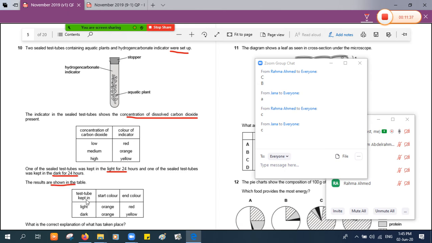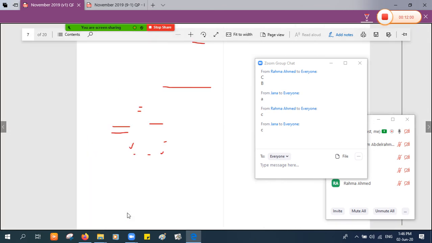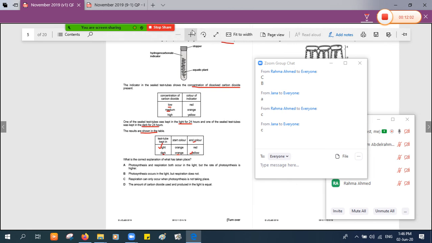Here, test tube kept in the light. In the light there is an orange, and orange is for the medium, and by the end of the day it turns to red, so low. In the dark it was orange, and at the end of the day it turns to yellow. So what is the correct explanation here?